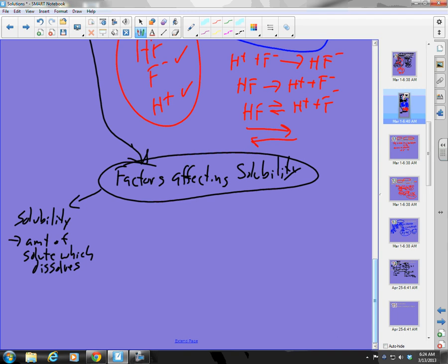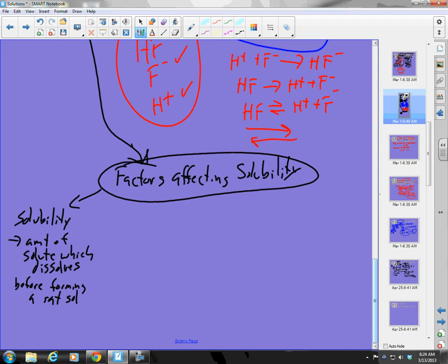Okay, that's a rough definition of solubility. The amount of solute which dissolves really before forming a saturated solution. But we can think of it as the amount of solute which dissolves. How much solute will dissolve?